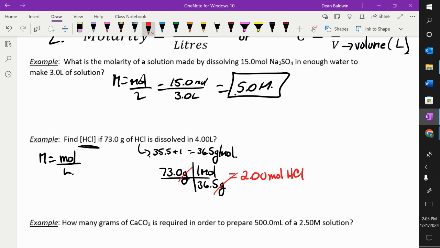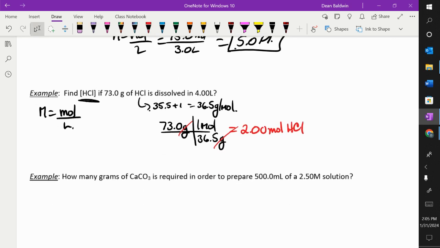And then what? What am I trying to figure out? Concentration, which is capital M, right? The molarity and concentration are the exact same thing. It's moles divided by liters.